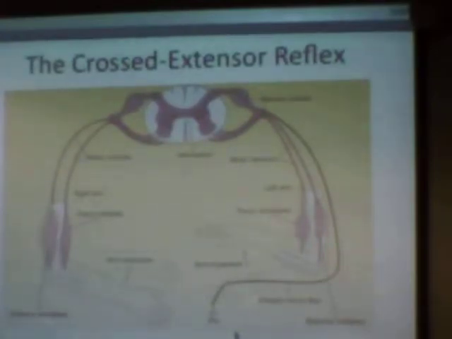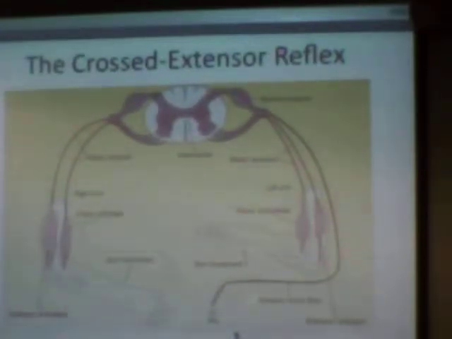On the ipsilateral side, you activate the flexors and inhibit the antagonists, the extensors. One limb flexes, one extends. So that's the crossed extensor reflex, where you cause the contralateral limb to extend as the ipsilateral limb is flexed. Okay?